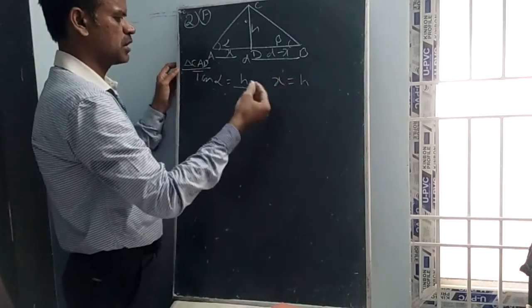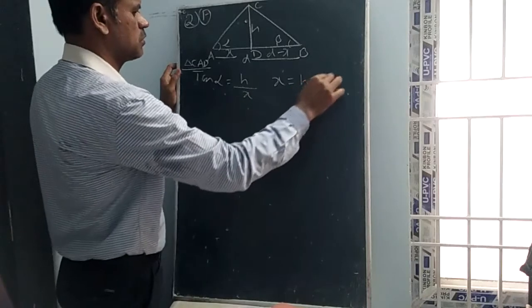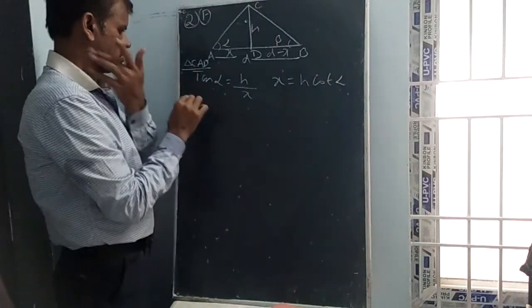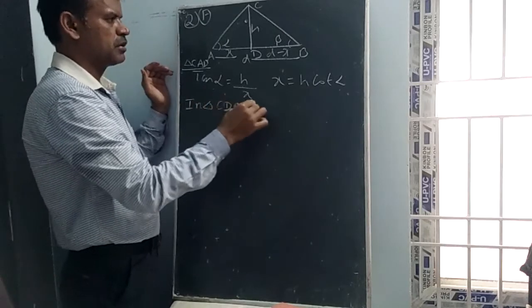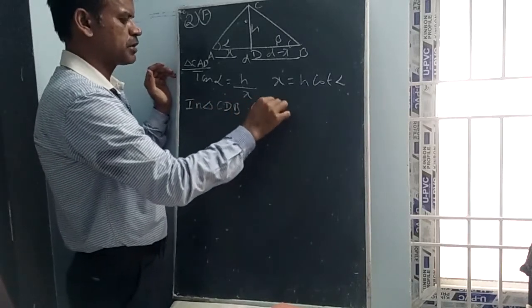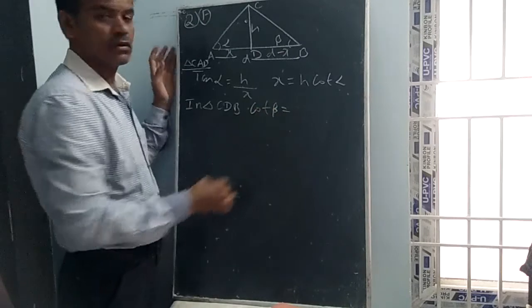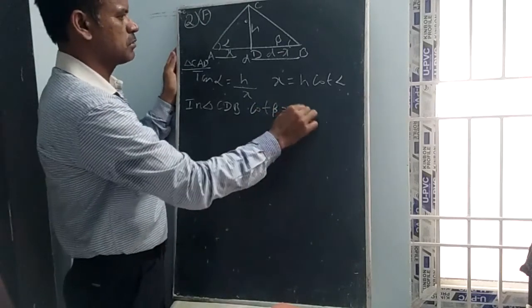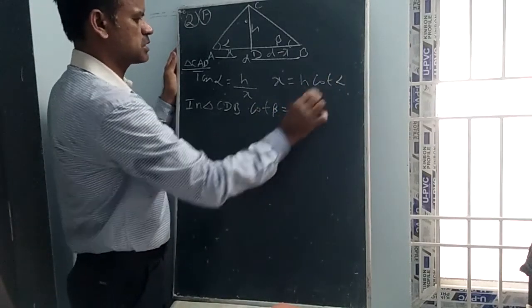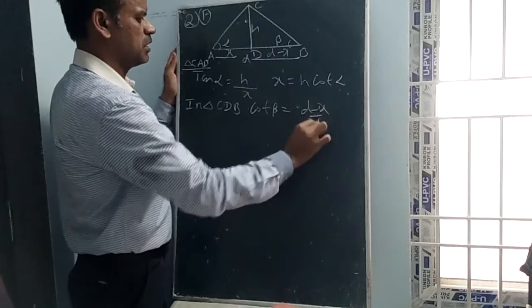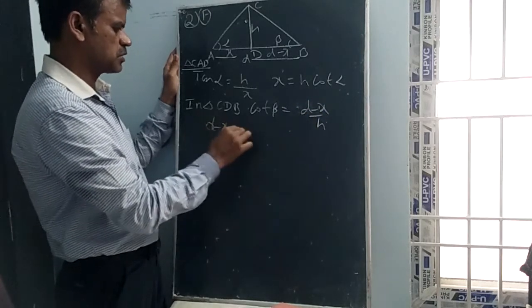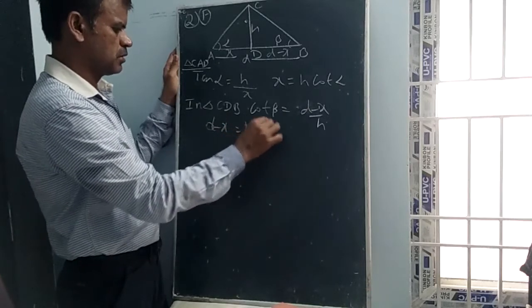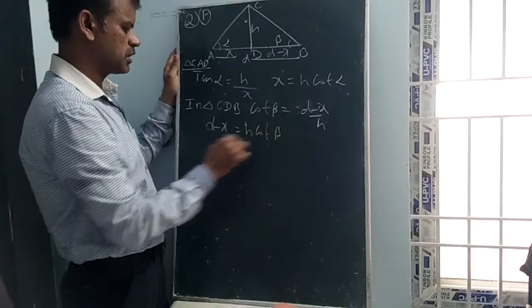In triangle CDB, cot beta is equal to D minus X by H. So D minus X is equal to H cot beta.